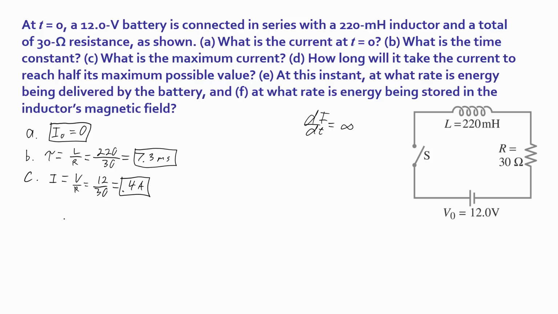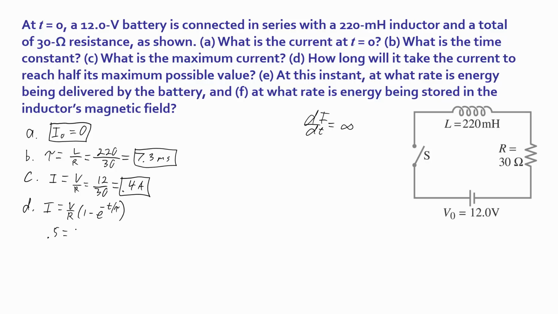Moving right along, part D, how long will it take the current to reach half of its maximum? So here we've got to use one of our new fancy equations. We can say that the current is V over R, which was the maximum current, times this 1 minus e to the negative t over tau thing going on. If we're going to reach half of our maximum, essentially this part in parentheses is going to be equal to 50%, or 0.5.